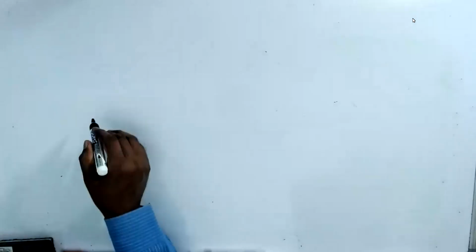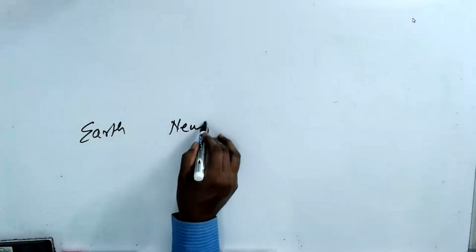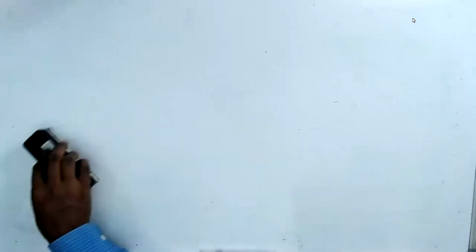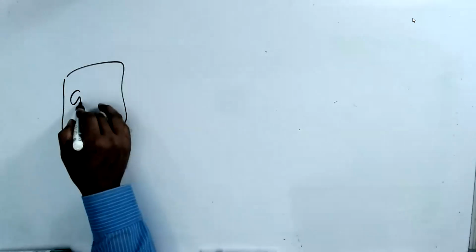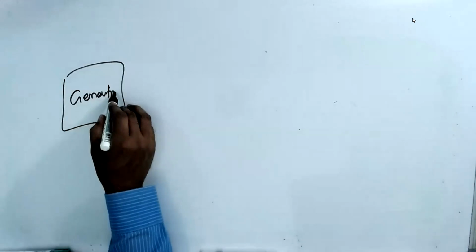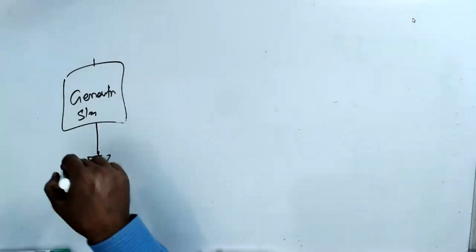So the trick is that people ask, what is earth and neutral? Actually, what happened is this. When they, the generating station, earth the one wire, the negative one, and the positive one comes to you.